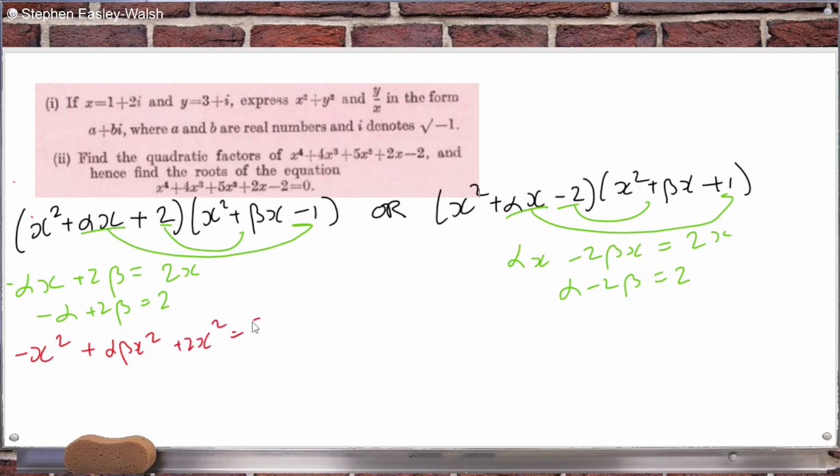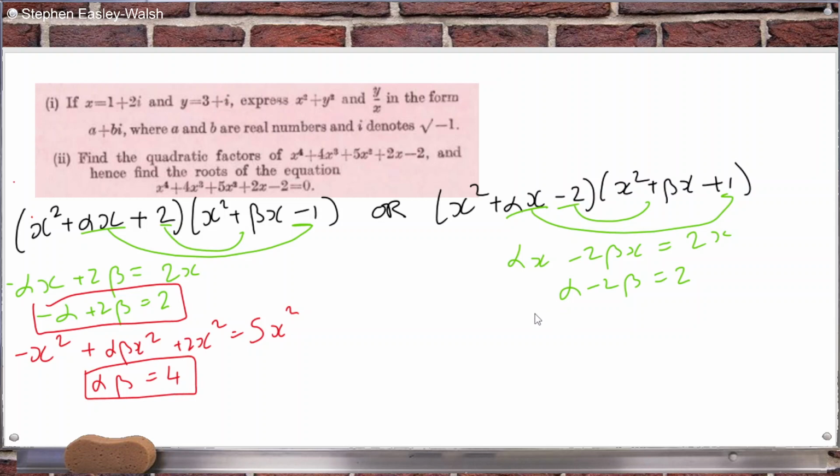That should equal 5x squared. So let me see. That means alpha beta should equal 5 plus 1 is 6, 6 minus 2, so that's 4. Okay, so I have two equations here now.